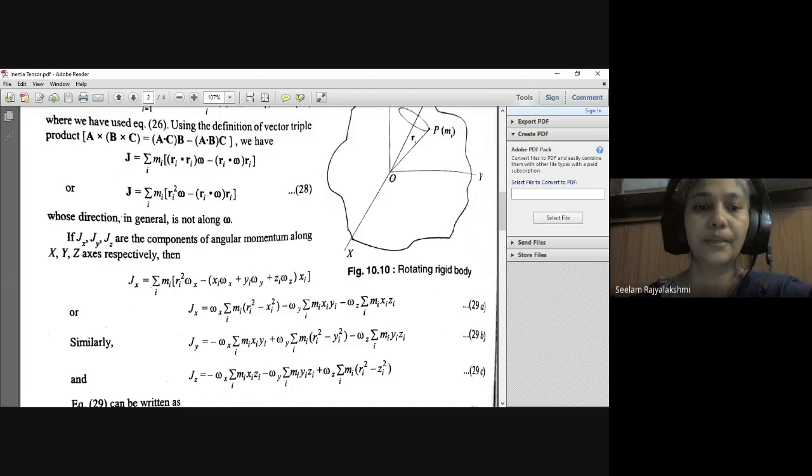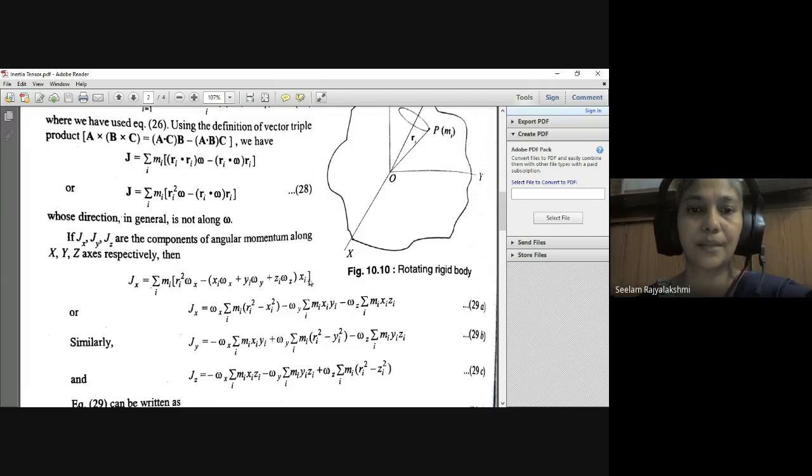Now Jz is equal to minus omega x sigma i mi xi zi minus omega y sigma i mi yi zi plus omega z sigma i mi (r square minus zi square).